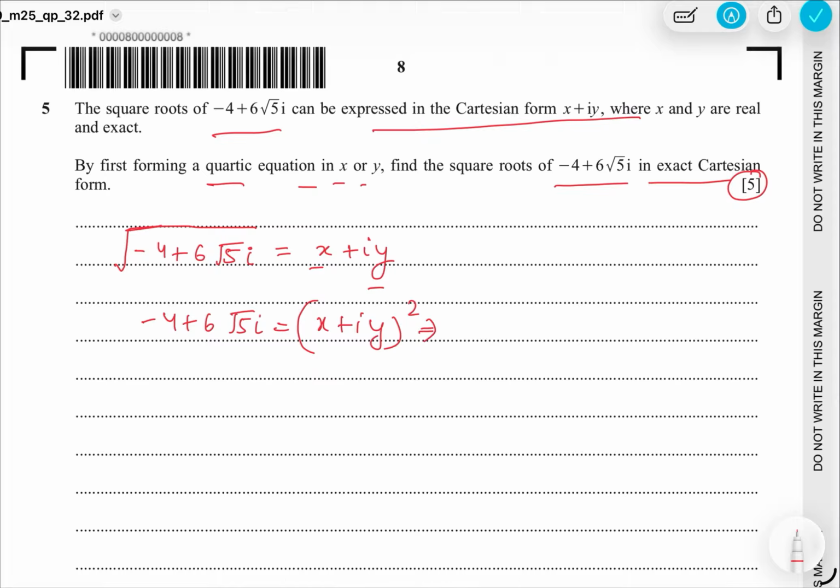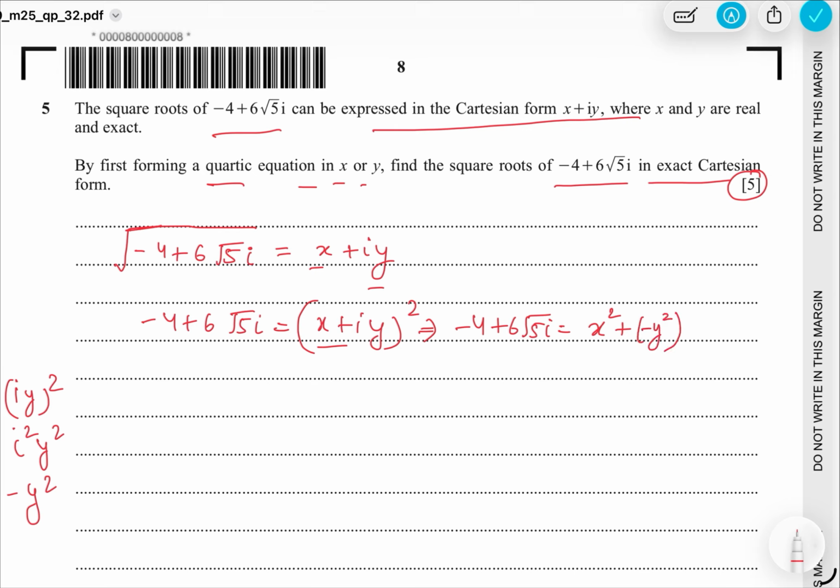Now, negative 4 plus 6 root 5 iota equals expanded x square plus, now there's the tricky part, iota y whole square. So it would be iota square y square. That would be negative y square. So it would be plus negative y square.